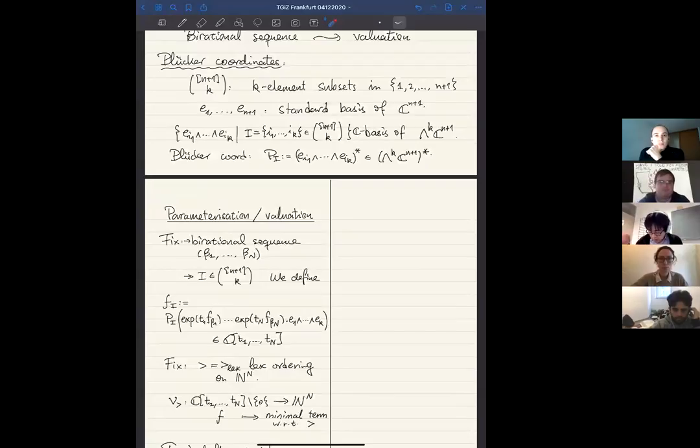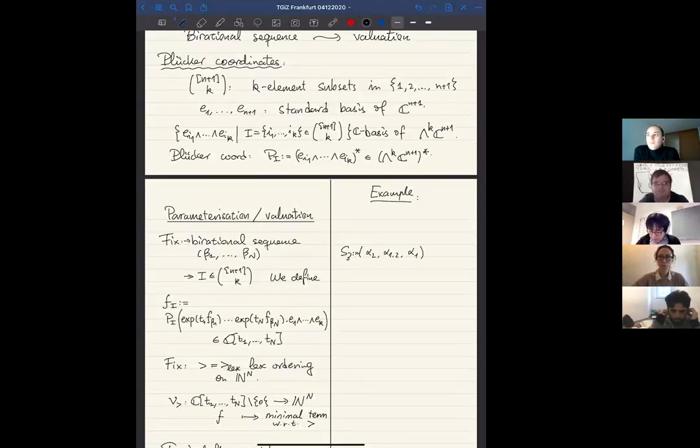Okay. So here's the setup. Here I fix my favorite birational sequence, beta 1 to beta n. And of course, here is my example. My favorite one is S3, alpha 2, alpha 1+2, and alpha 1, my birational sequence.